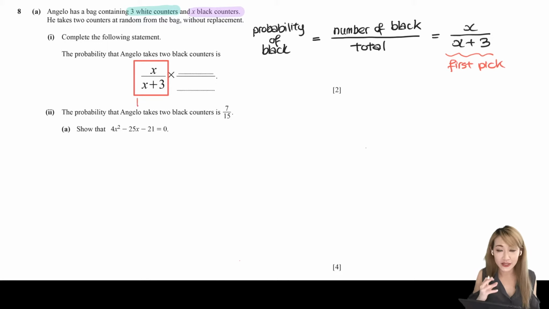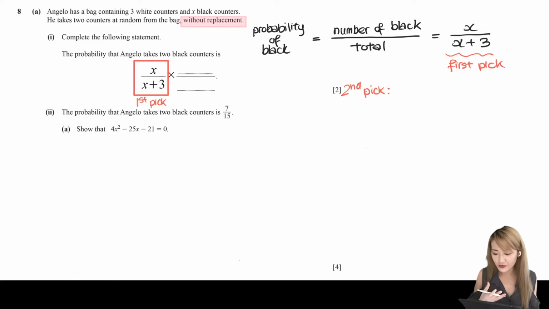So that represents picking the counter the first time. We want to pick black for the second counter as well. So for the second pick, it's also without replacement. That means that for the second pick, there will be 1 less black counter and 1 less counter in total.